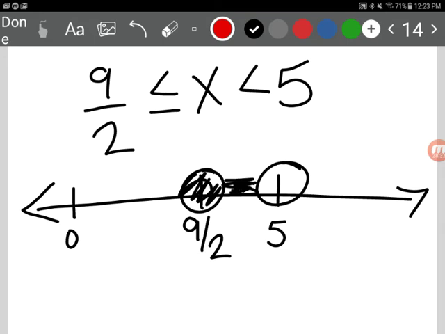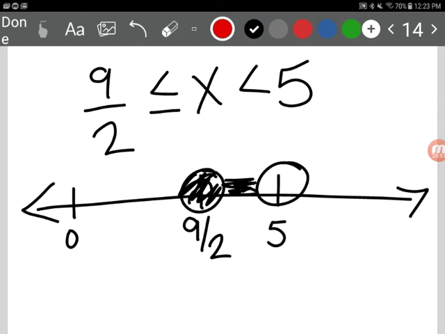So x represents everything in between. So if I want to test 4.75, it's going to be all true. Now right here, when you do a compound inequality, it's all or nothing. 4.75 has to be less than 5, and it also has to be greater than or equal to 9 over 2. So 4.75 is less than 5.